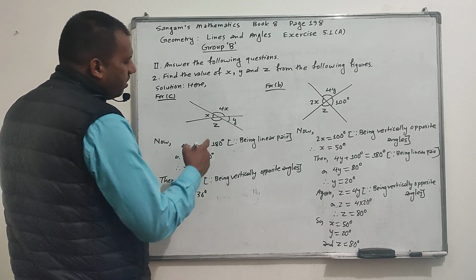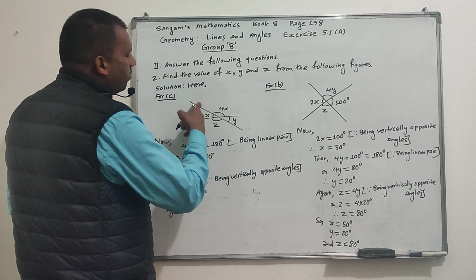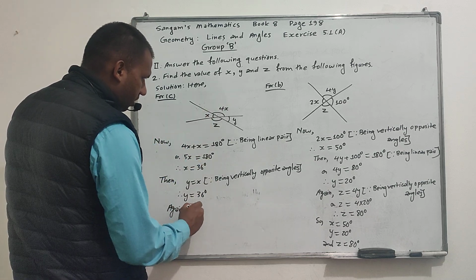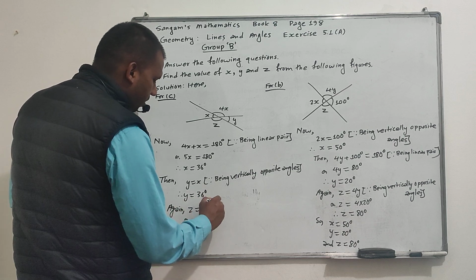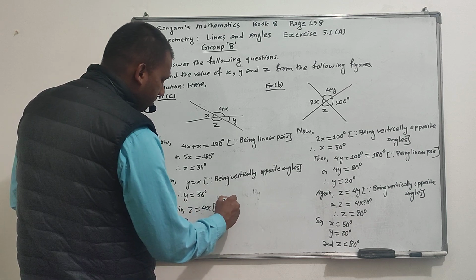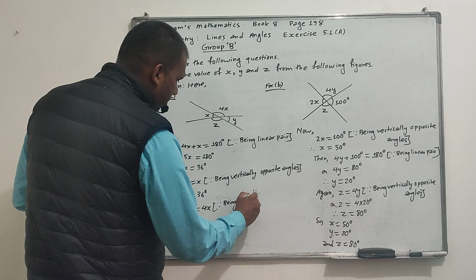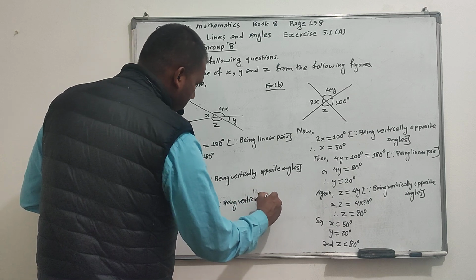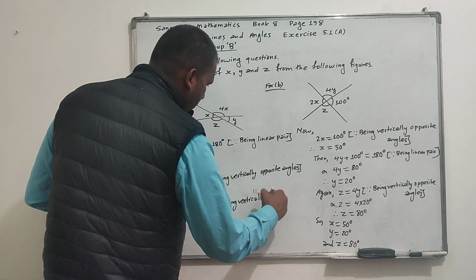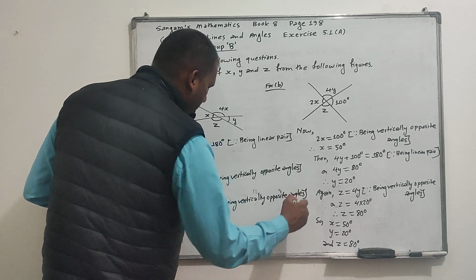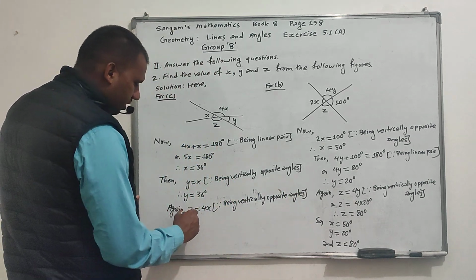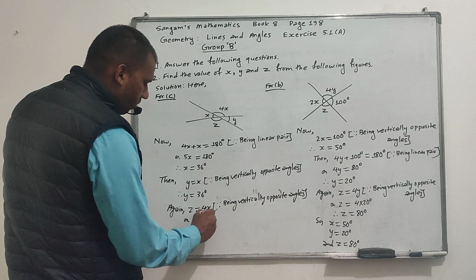Again for z and 4x, again vertically opposite angles, so you can write z equal to 4x, because being vertically opposite angles, or z equal to 4 into x.